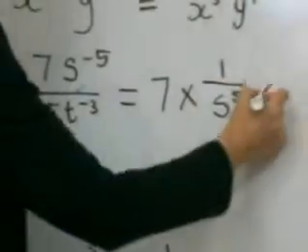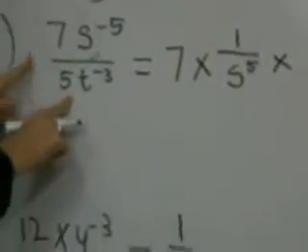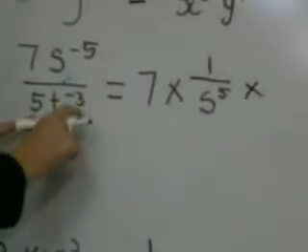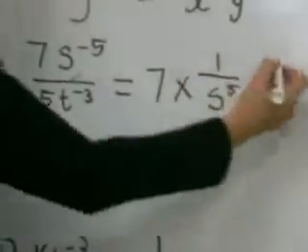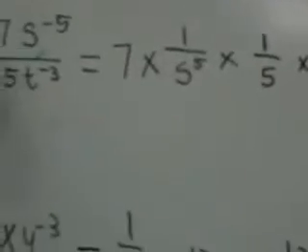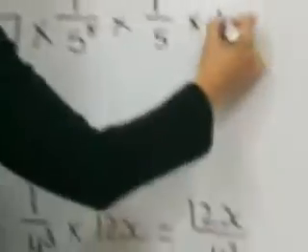Multiplied with this 5 below the line, which stays below the line because that minus 3 is only for the t. So it's 1 over 5 multiplied with, now t to the minus 3, it's below the line. The rule says it's a double negative, it becomes t to the 3.